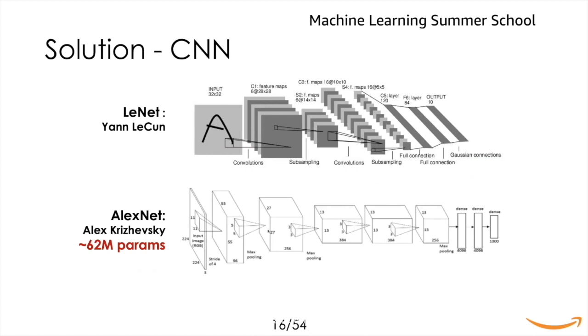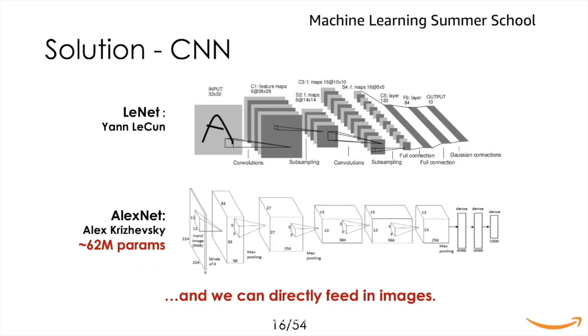Then in 2012, Alex Krizhevsky proposed the AlexNet. This is the first large-scale CNN which was able to do well in the ImageNet or ILSVRC competition. This architecture was able to beat the traditional models by a huge margin at that time. And this network triggered a lot of interest in the CV community, and started a spree of research in the field of CNNs.